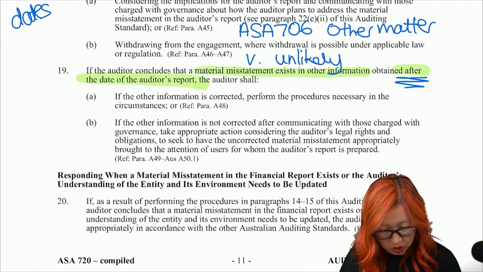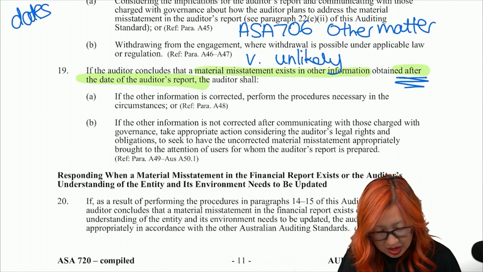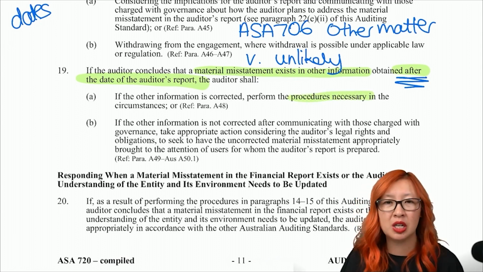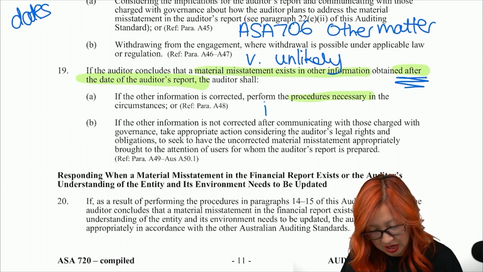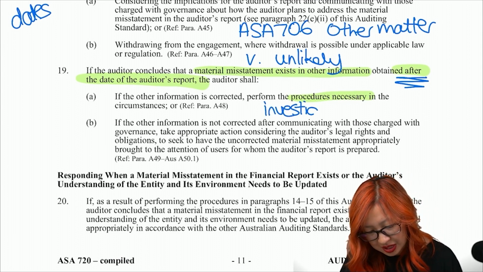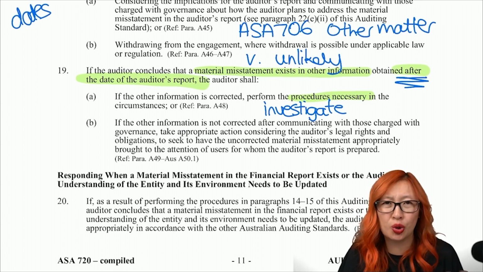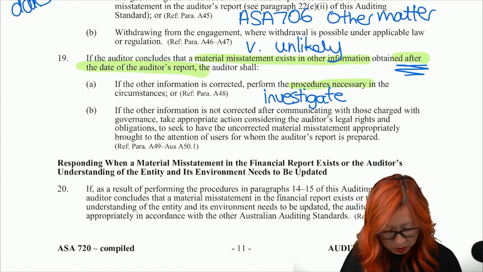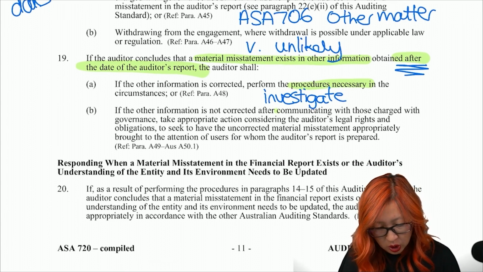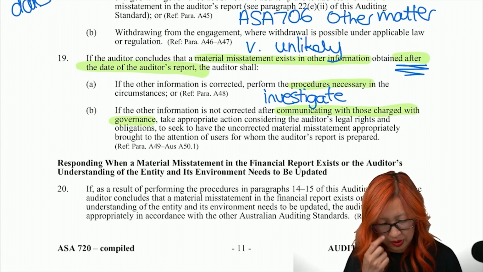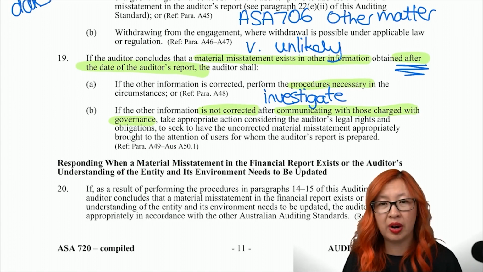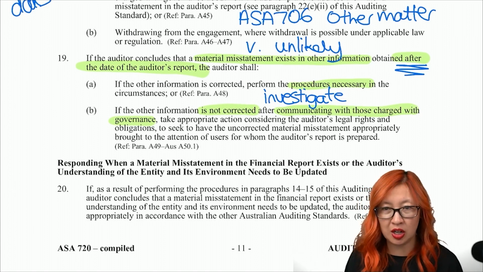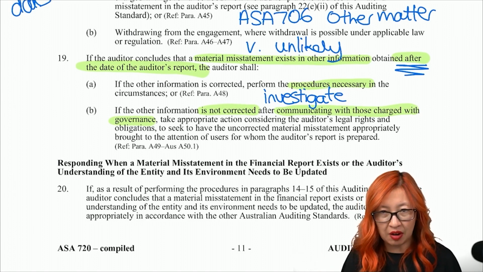I might need to do some procedures. So it says do the procedures necessary. So really, they're just saying here, just investigate to make sure that you're sure that there's an inconsistency. And then you go to management and you talk to them. So I go and communicate with those charged with governance. And if it is not corrected, they don't make the change, then I have to take action.